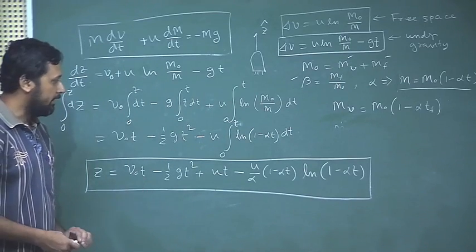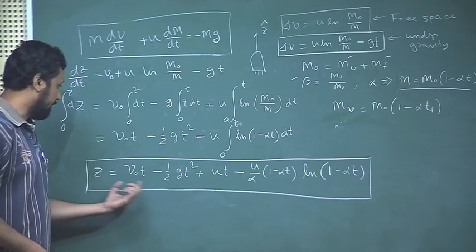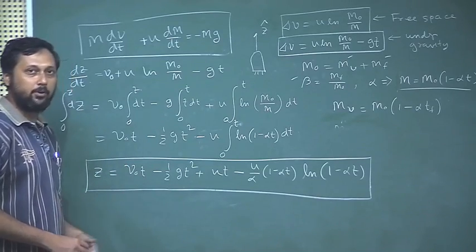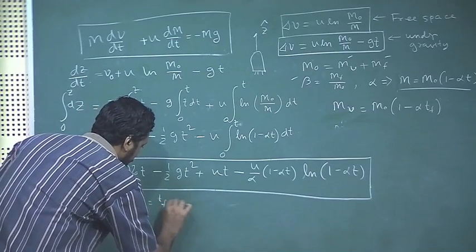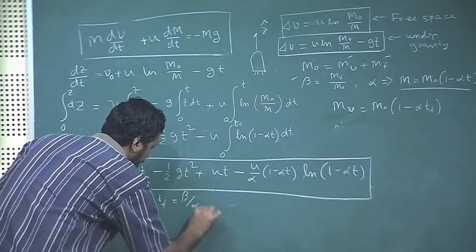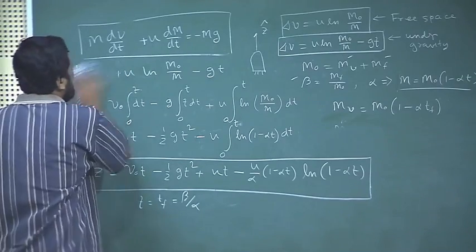Now, in order to get the maximum height which can be achieved by the rocket, we have to put t equal to Tf, which is equal to beta by alpha.